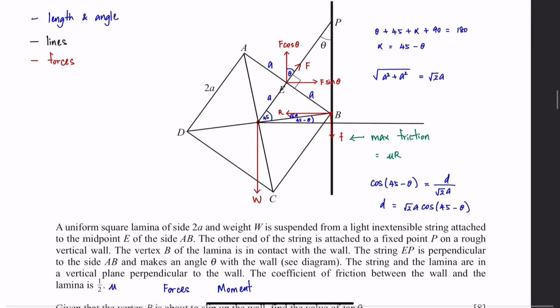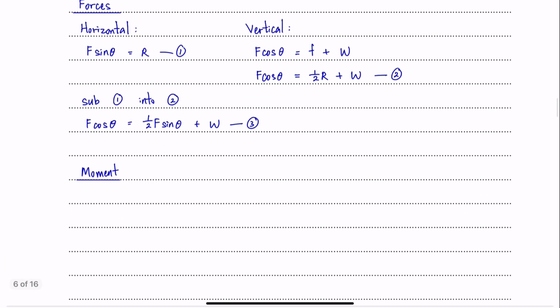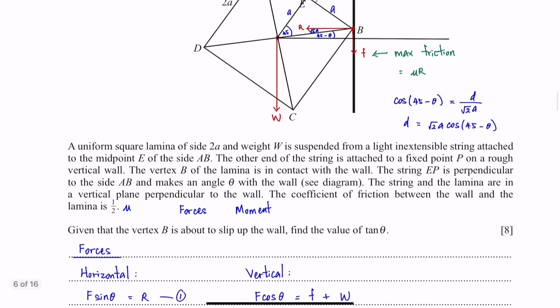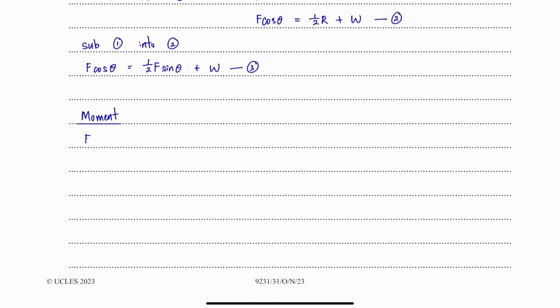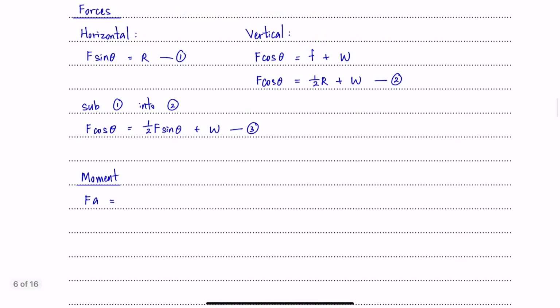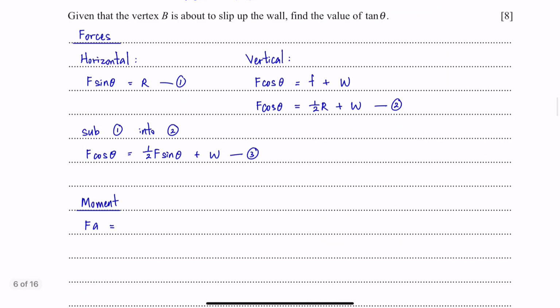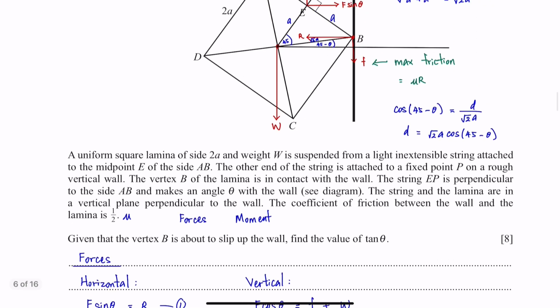And now we can write it into the equation. So the clockwise moment due to the tension force would be F times a, and the anti-clockwise moment due to the weight would be weight times root 2a cos(45 minus theta), which is the distance that we found just now.